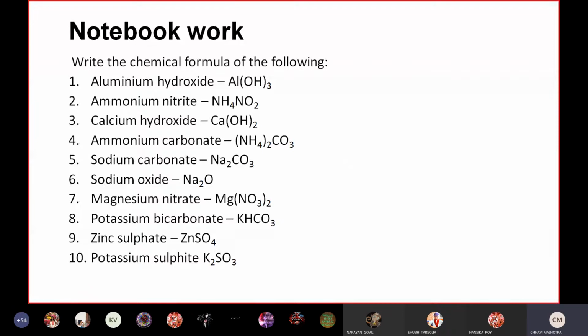First is aluminium hydroxide. Aluminium is Al, hydroxide is OH. What is the valency of aluminium? 3. Hydroxide is 1. So we crisscross. It's a polyatomic ion, so we put it in brackets.